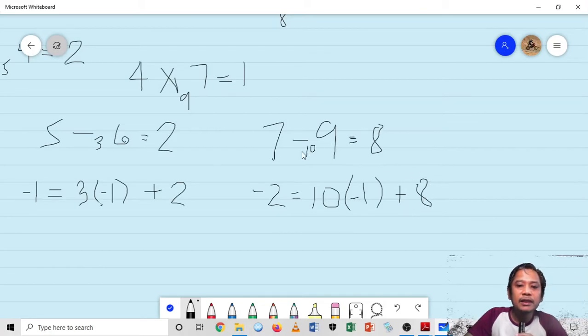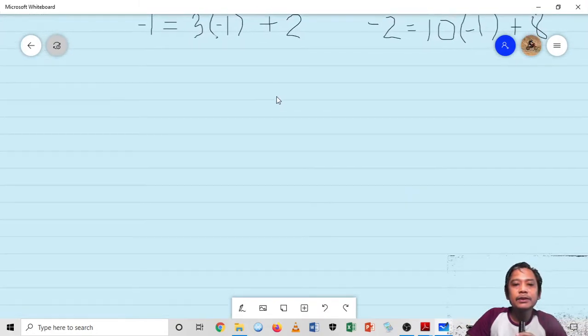So the remainder is 8. Therefore, 7 minus 9 in modulo 10 is 8.